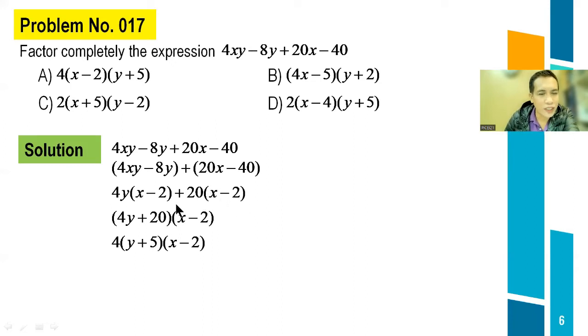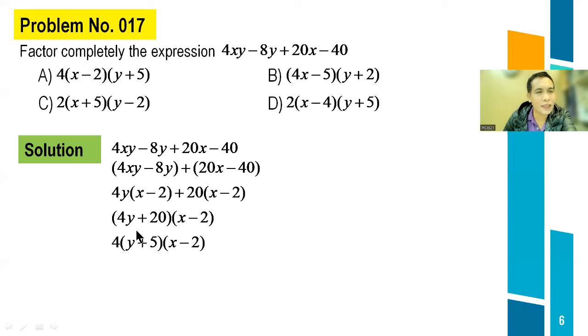We look for the common factor, which is x minus 2. Dividing 4y times x minus 2 by x minus 2 gives 4y, and 20 times x minus 2 divided by x minus 2 gives 20. So we have 4y plus 20.